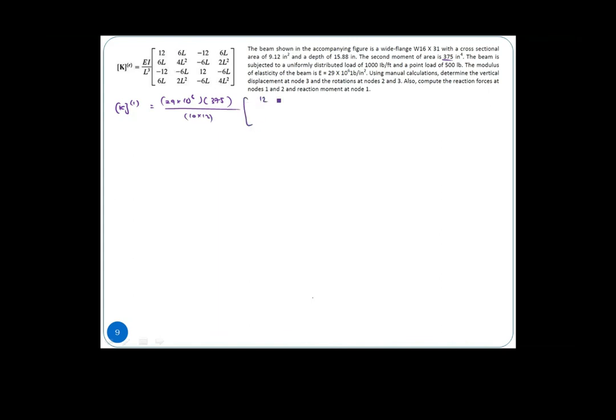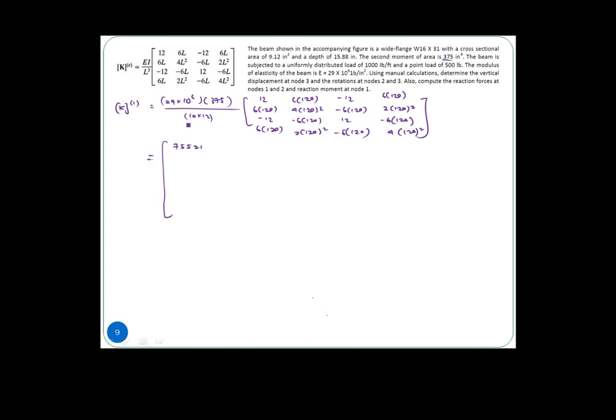Multiply with 12, 6 times 120, negative 12, 6 times 120, 6 times 120, 4 times 120 square, negative 6 times 120, and 2 times 120 square, negative 12, negative 6 times 120, 12, negative 6 times 120, 6 times 120, 2 times 120 square, negative 6 times 120, and 4 times 120 square.